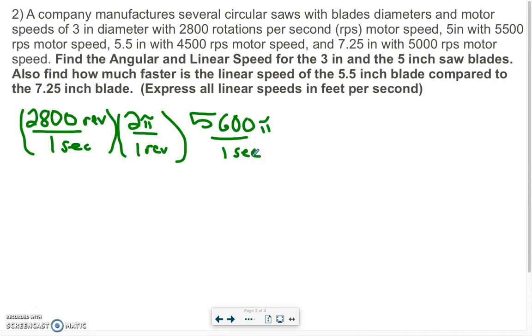And since we want the answer in linear speed, in feet per second, here's your angular speed. I don't really tell you what form I need that in. I just want you to give me the linear and angular speed. So the angular speed is right here.